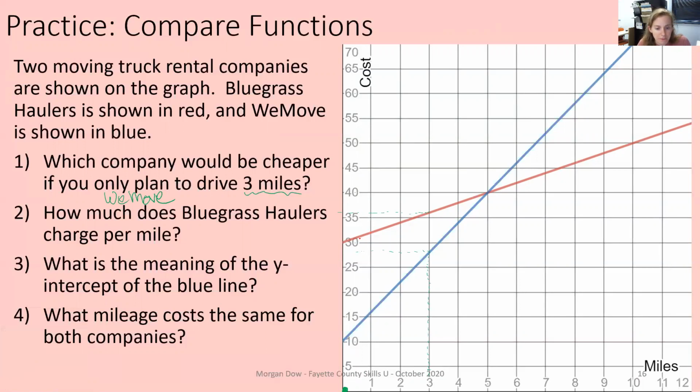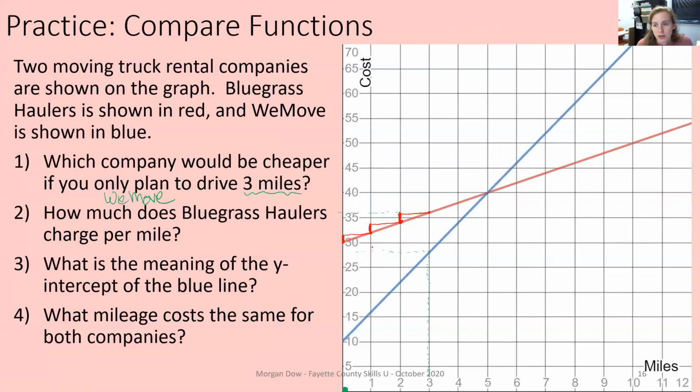So you might start at 0 and go up to where it is at 1. I think this would be a harder way to do it because it's not totally clear how much you're going up each time. It could be $2 that you're going up, but maybe it's $2.50 or maybe it's $2.15. It's a little bit tricky because we're in between labeled numbers here.